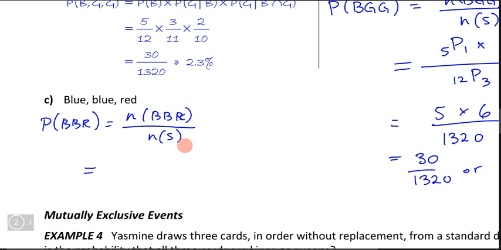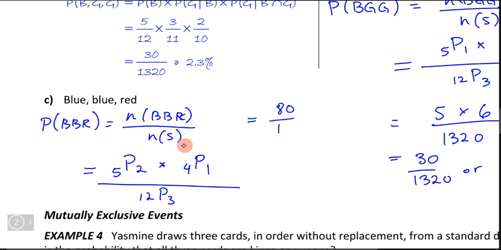So if I'm looking at drawing 2 blues in a row, then I'm trying to arrange two marbles from a total of 5 blue marbles, multiplied by the number of ways to pick my third marble from a set of 4 red marbles, 4P1, divided by the total number of outcomes, which is 12P3. That's going to equal 80 out of 1320, which is 0.06 repeating, or 6.1%.